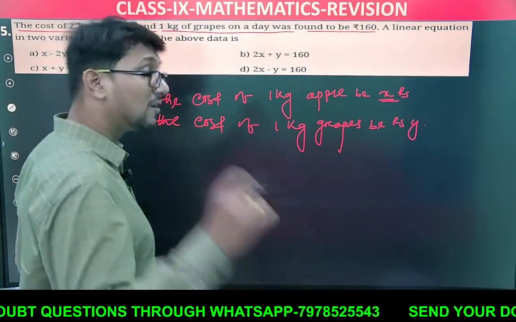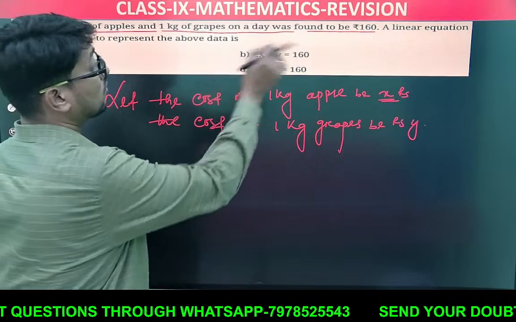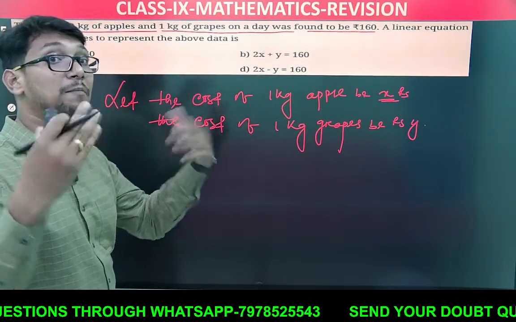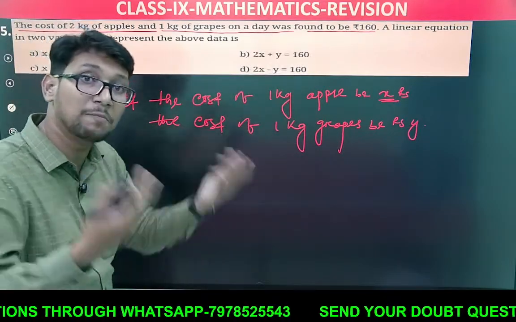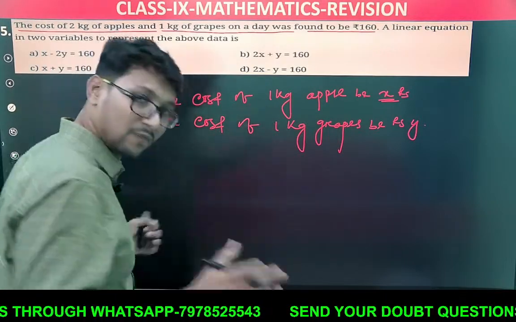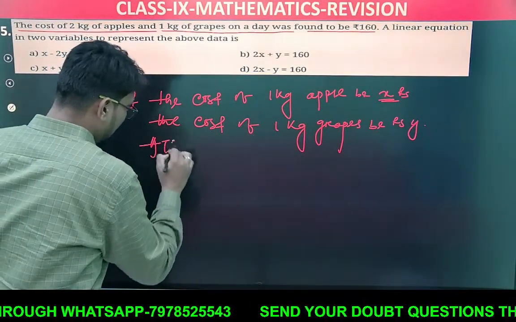Now we have to write a linear equation according to the statement. The statement says 2 kg apple and 1 kg grapes is 160.